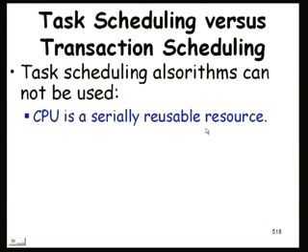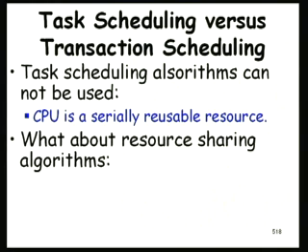We can preempt a task from using the CPU any time and restart it at a later time without wasting any work. On the other hand, we cannot really stop a transaction any time and restart later. That will lead to wastage of work.